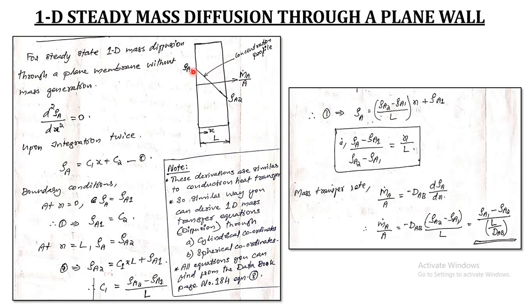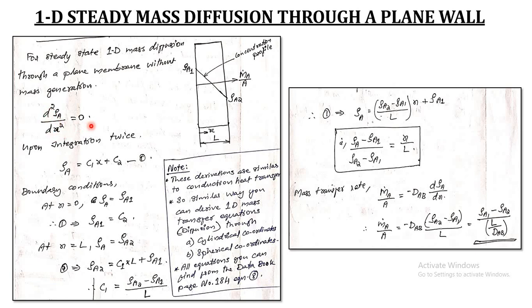So you will get a concentration profile here, and the thickness of the plane wall is L, with x in the positive direction. So the general mass diffusion differential equation for this one-dimensional steady-state plane wall reduces to d²ρA/dx² equal to 0.